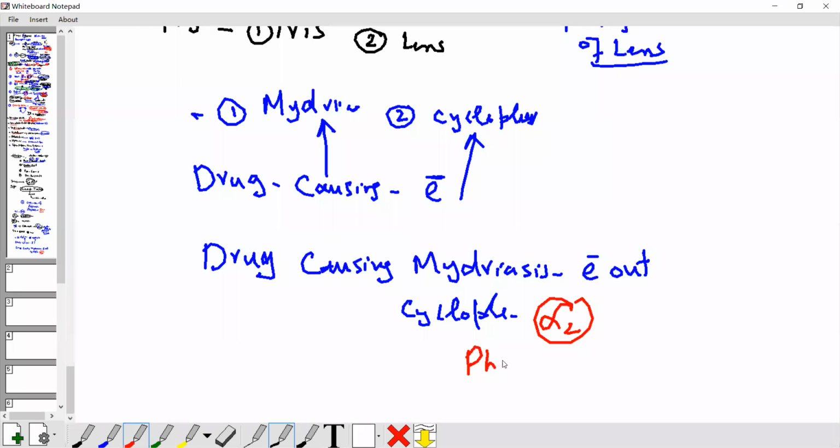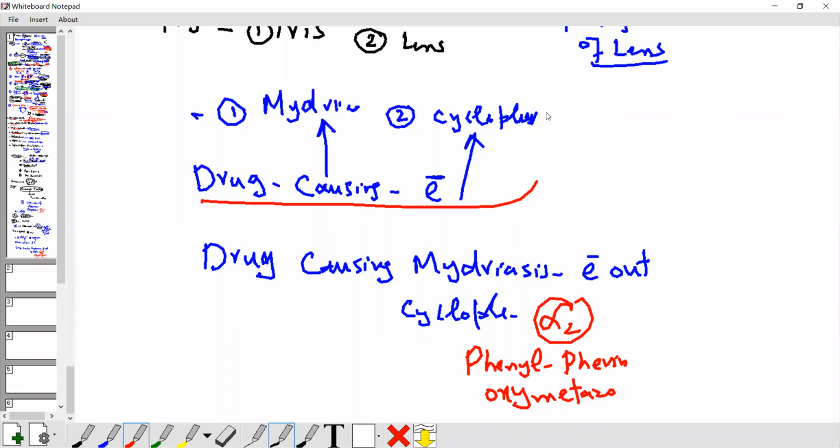Just write a name here: phenylephrine, oxymetazoline. In the next section, when we talk about the sympathetic system, it will be more clear. So which drug causes mydriasis and cycloplegia at the same time?